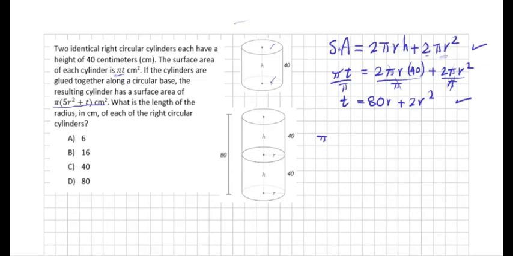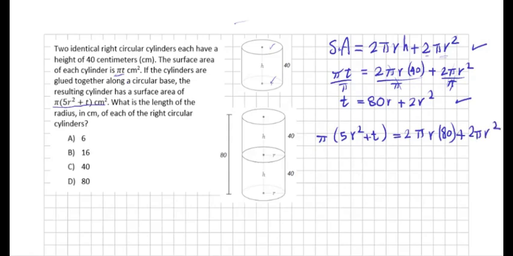So pi times 5r squared plus t equals the same formula, but we consider the height to be 80, not 40, because two cylinders are glued together. So 2 pi r multiplied by 80, plus 2 pi r squared.